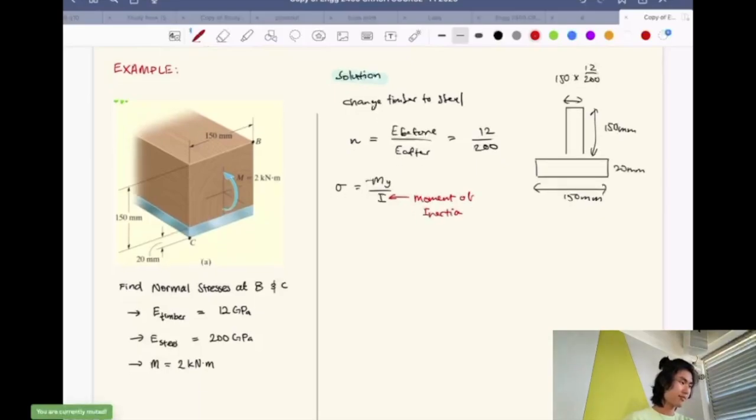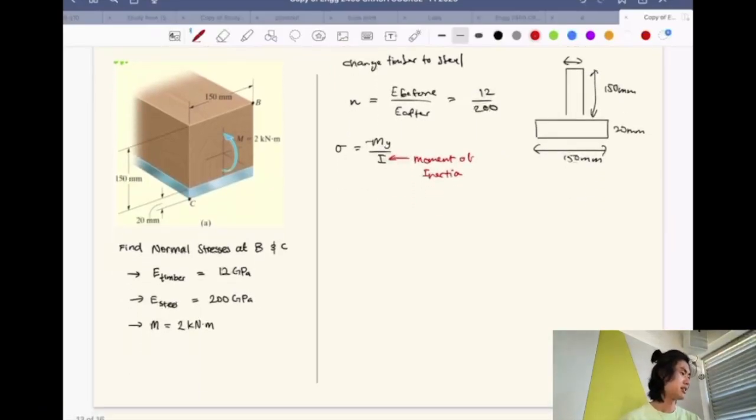And then you also need to find the distance, because we've been given M, and we're trying to find the stress. But we can actually find these two values using what we learnt before about the inertia. So what would you guys do in this example?